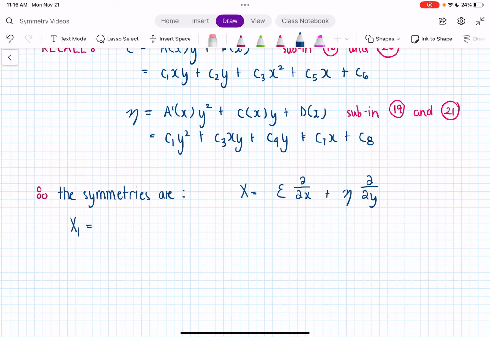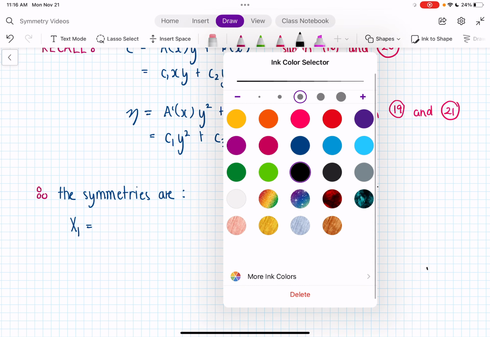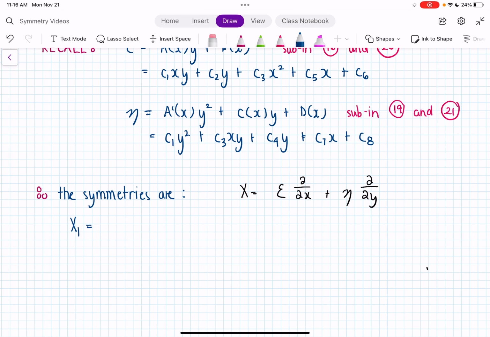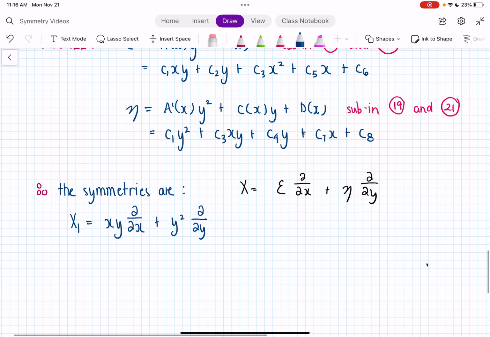So we have, see if I can make this. There. Okay. So we're going to have... that's the first symmetry, second symmetry.